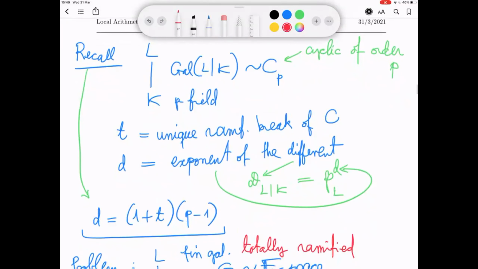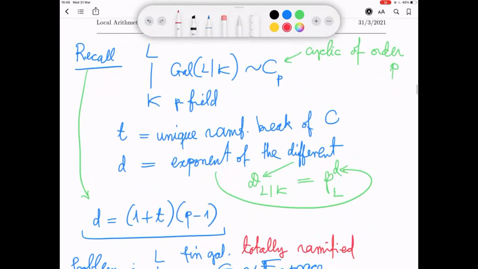So now let's recall the exponent of the different, which we had denoted by S_{L/K} at various points.